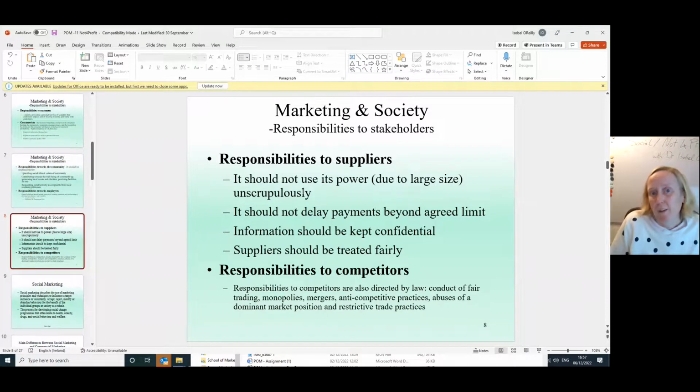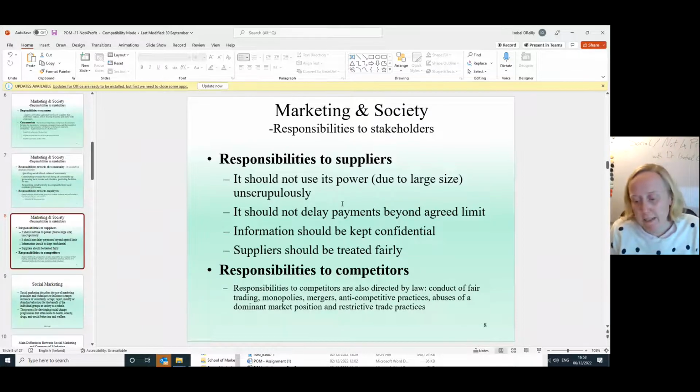Responsibilities to suppliers. It shouldn't use its power due to its large size unscrupulously. So supermarkets sometimes have gotten bad press for how they treat farmers and local producers, especially if they're small producers. It should not delay payments beyond the agreed limit. So again, supermarkets probably have ticked all of these boxes in all of the wrong ways.